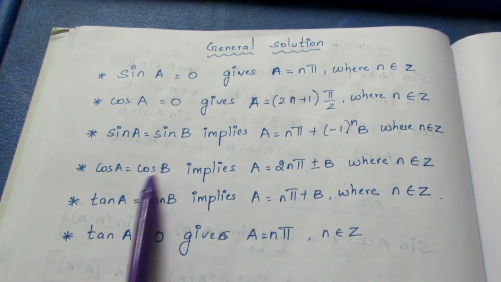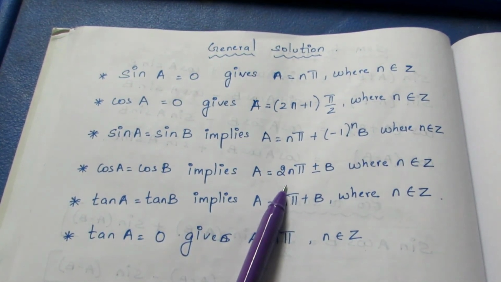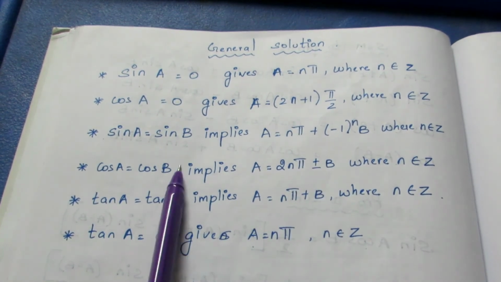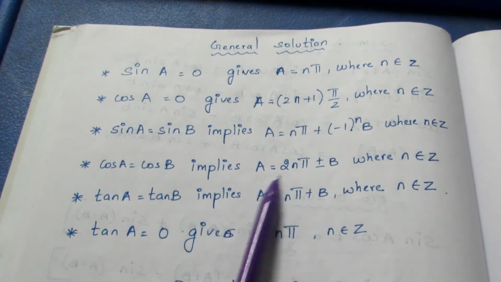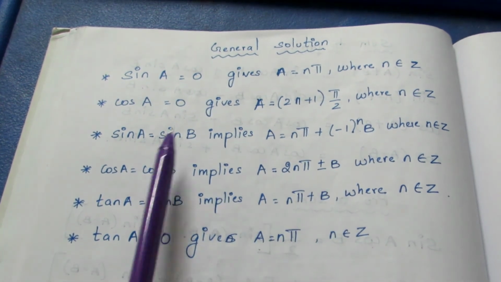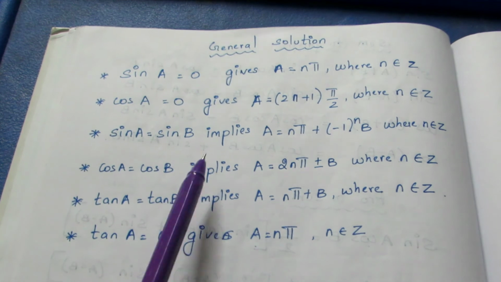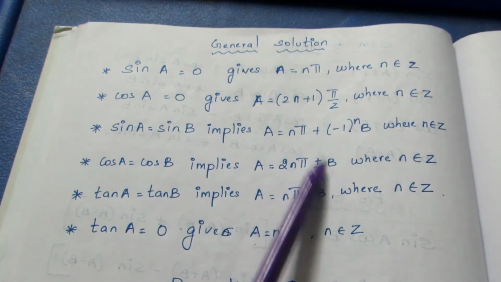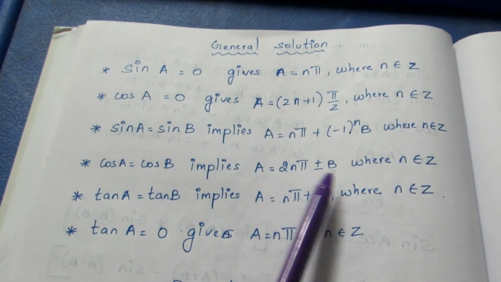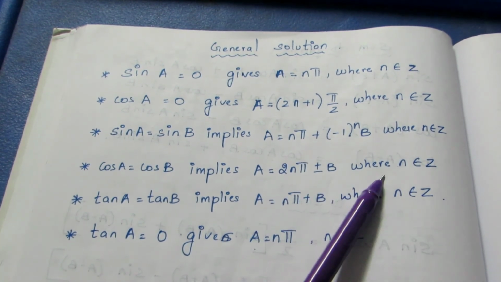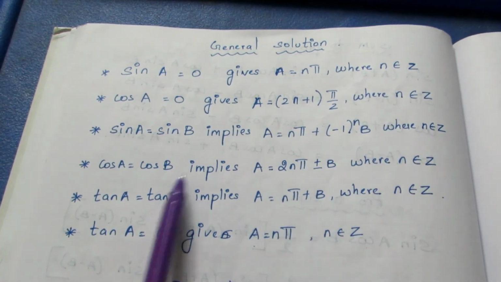Cos A equal to cos B implies A is equal to 2n pi plus or minus B. Here in everything, A is equal to, you need to get B, in the cases of sin A equal to sin B and cos A equal to cos B, but here it varies. If you multiply this inside, you will get this. So it's 2n pi plus or minus B where n belongs to integers.